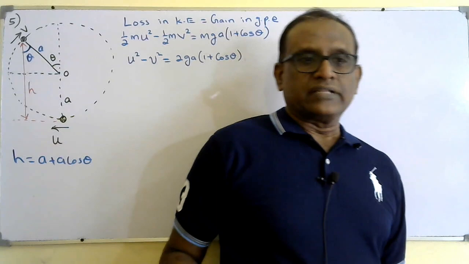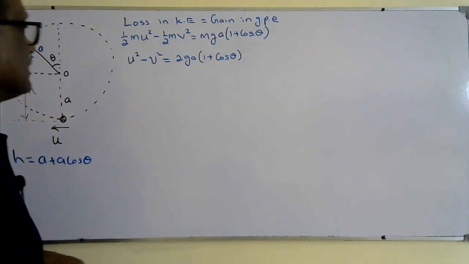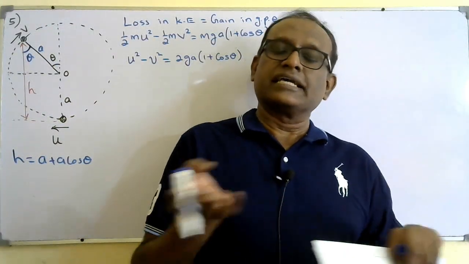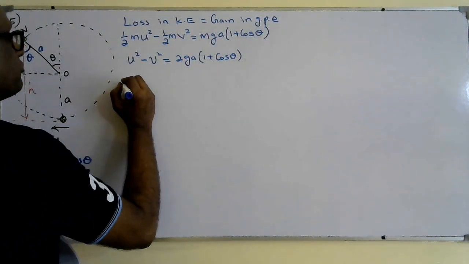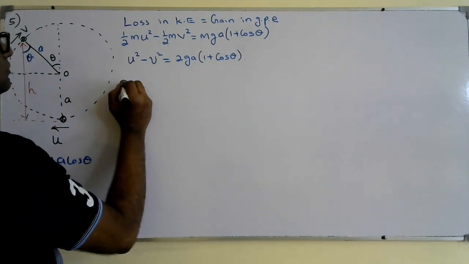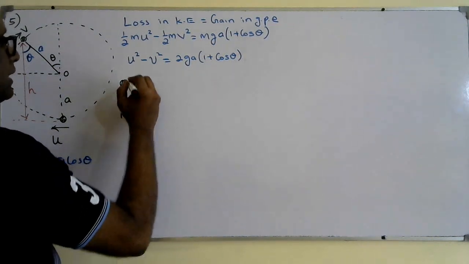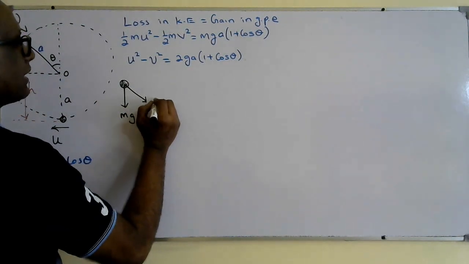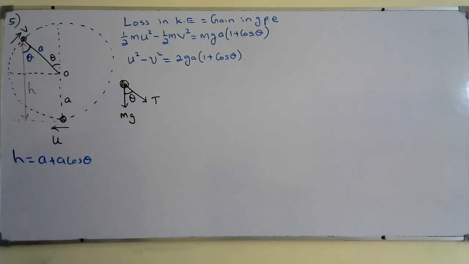Okay, then for the tension, the resultant force towards the center of the circular path is the centripetal force. At this position, if I draw the actual forces acting on the particle, the weight is acting vertically down, and the tension is towards the center, with this angle theta, and the speed is v.